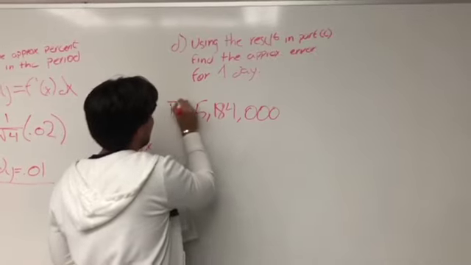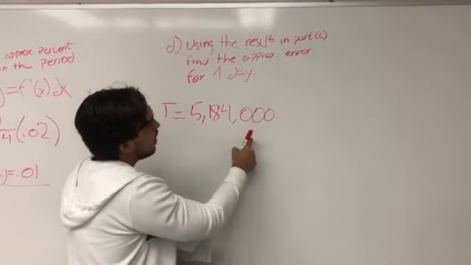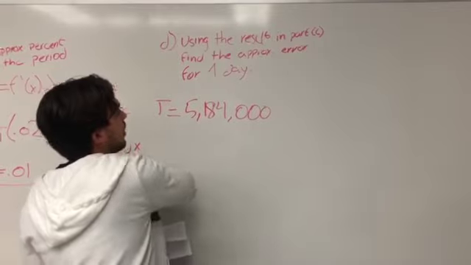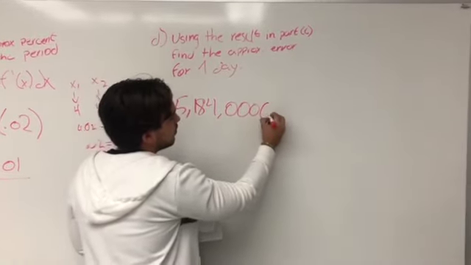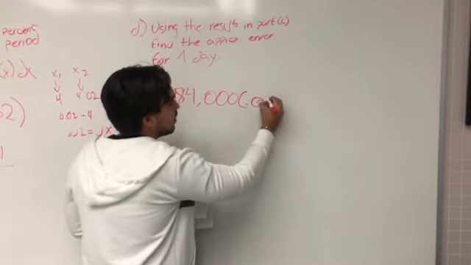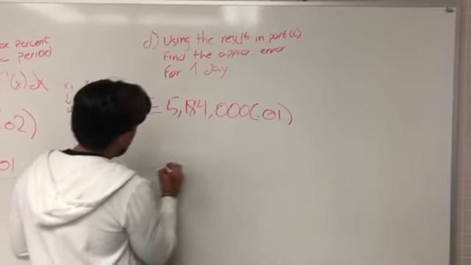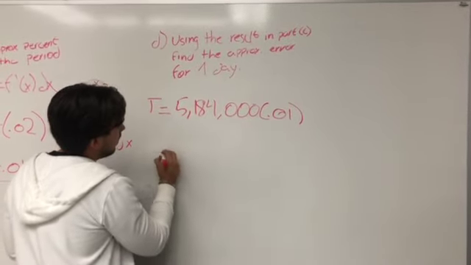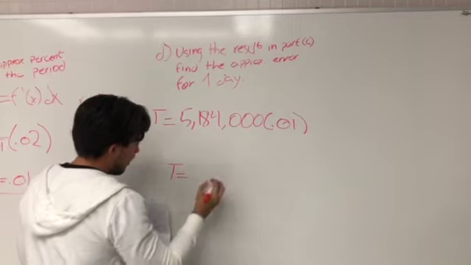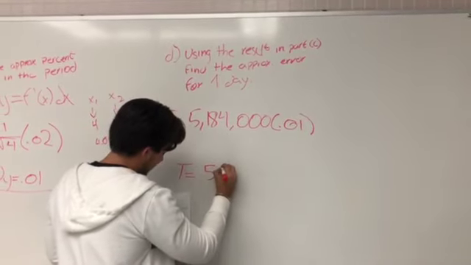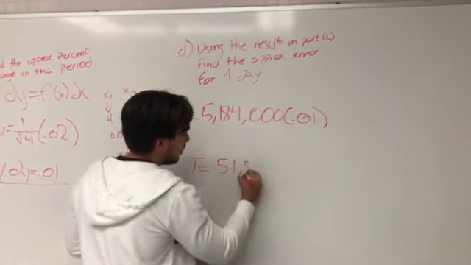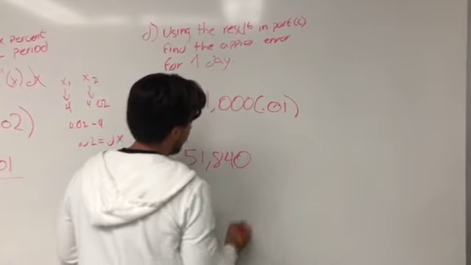We will have to multiply it by our percent of error, so we'll multiply it by 0.01. So our error will give us 51,840.